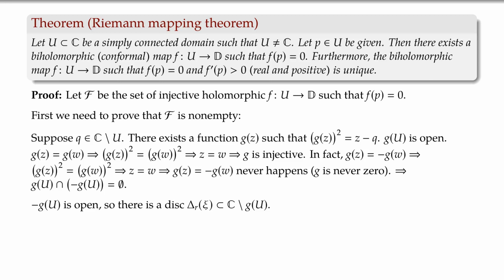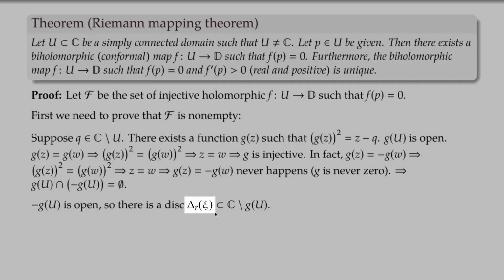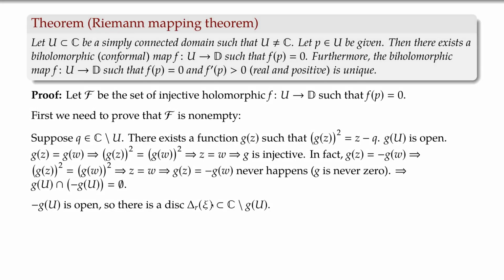So there is a disk. Well, it's not open, but it contains an open set. Sorry. So there is a disk, right? Let's call it delta R, centered at Xi. So now we can do that inversion.